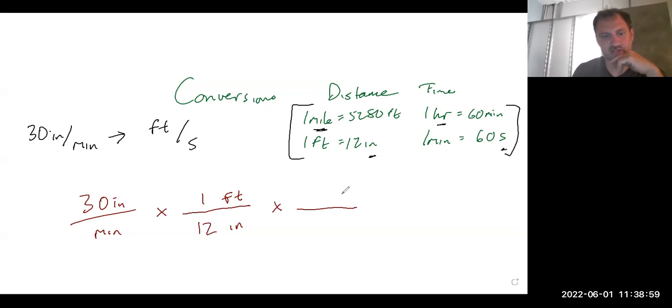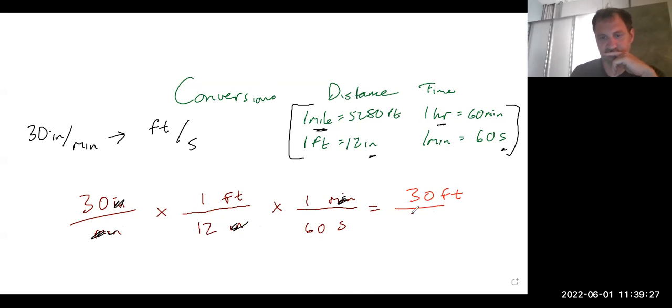And I need to convert minutes on the top, seconds on the bottom, 1 minute, 60 seconds, and we're set. Inches is gone, minutes is gone. That's essentially my quality verification that I've done this right, is to see that I've eliminated the units that I don't want, and I still have the units that I do want.